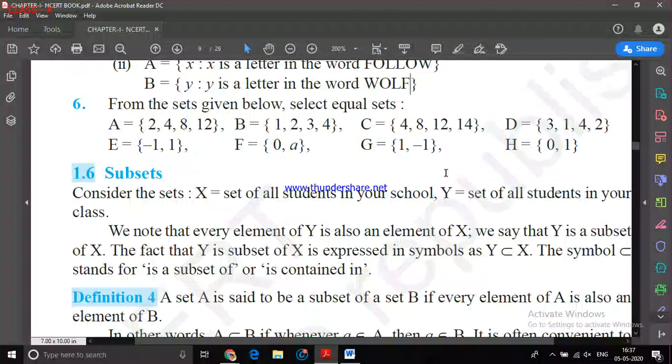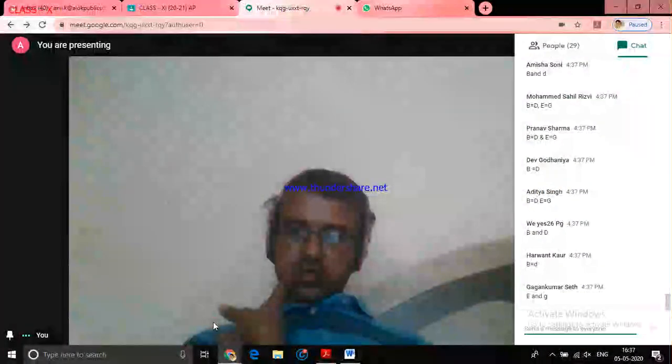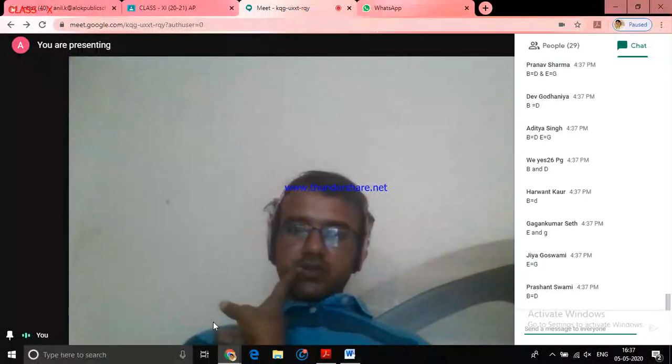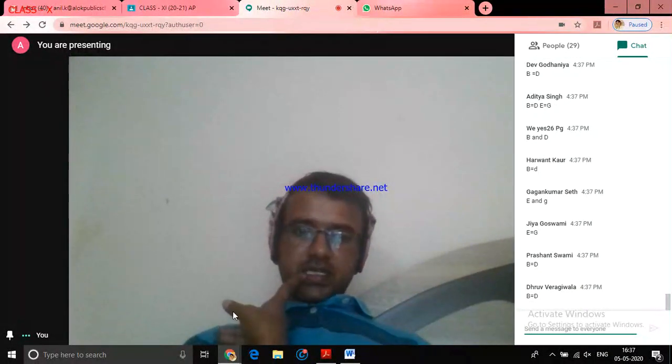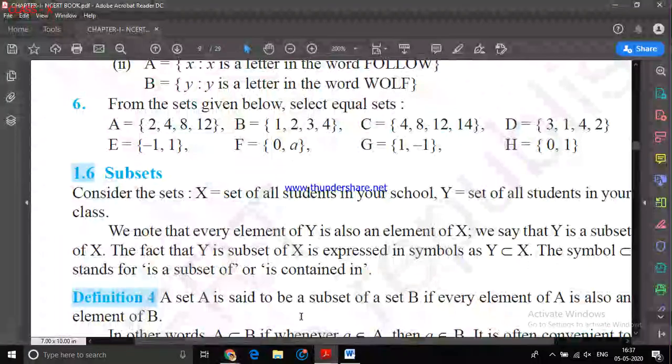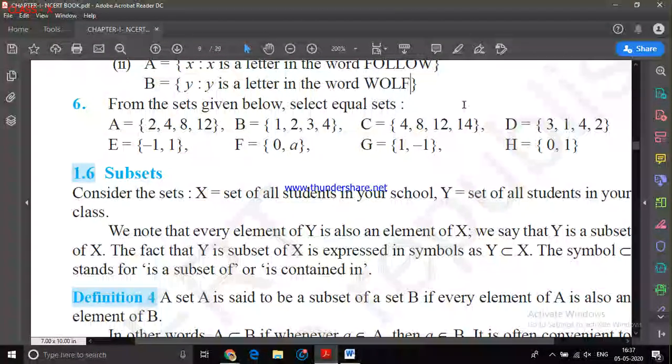What are the equal sets? B equals D, E equals G. Yes. There are 2 pairs of sets which are equal. One is B and D. That is one pair of sets which are equal. The second one is E and G. This is another pair of sets which are equal.